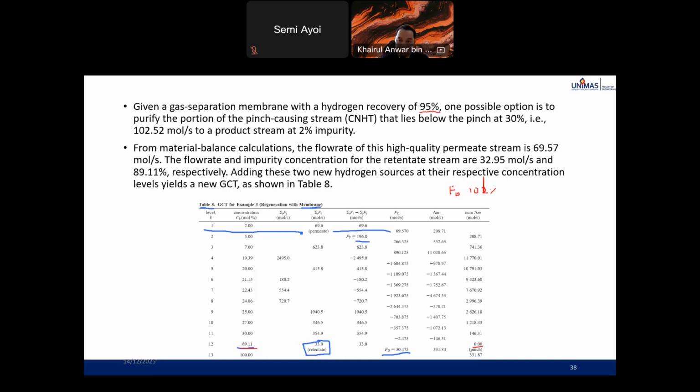So 95% of 35% something is around 96 point 6.9. But here the value jumps to 69.6.